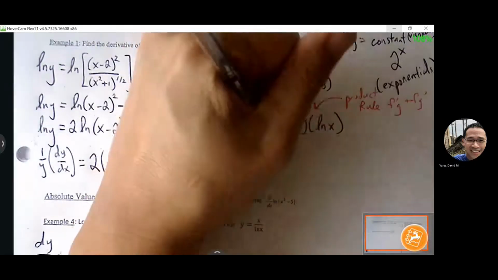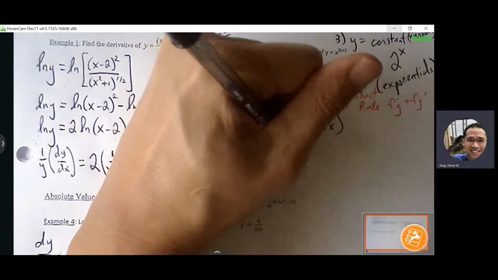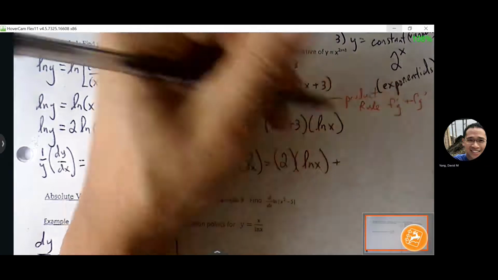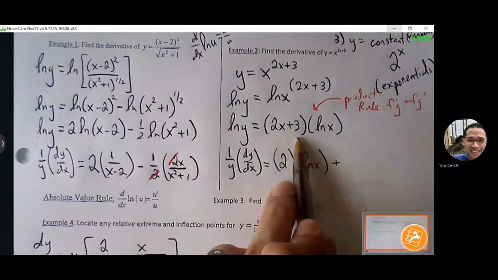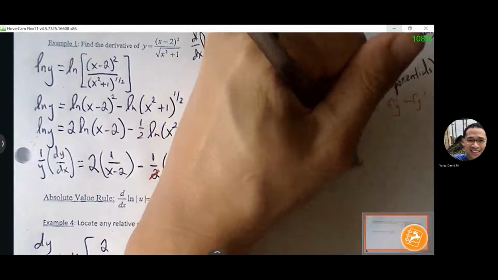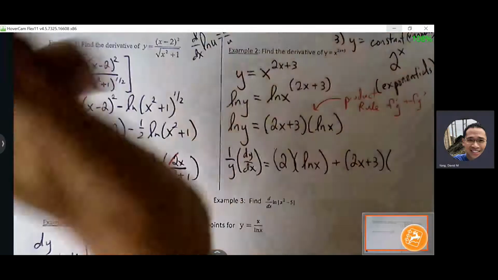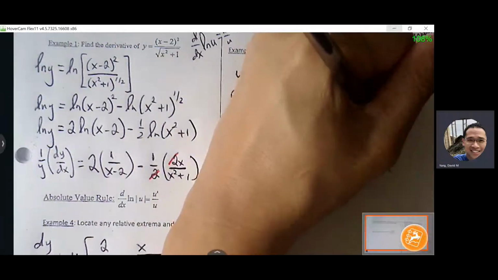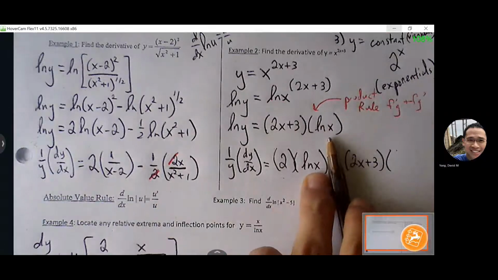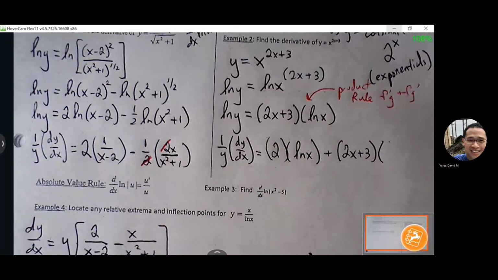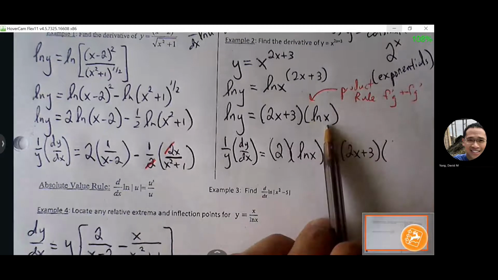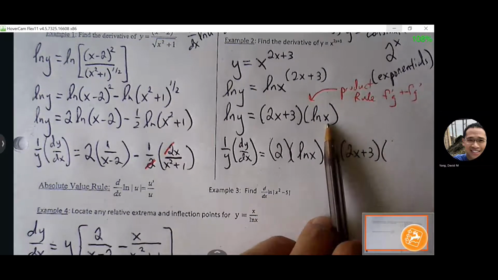Just 2 times the g function plus f g prime. G prime is what's natural log of x turn into? What's u prime over u? 1 over x.